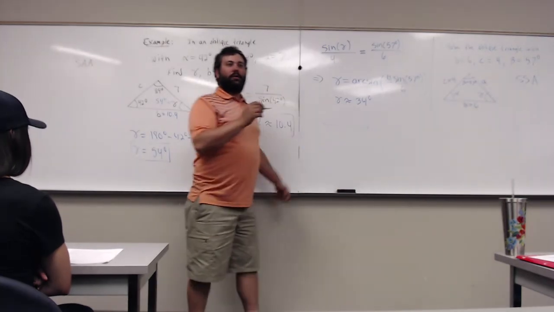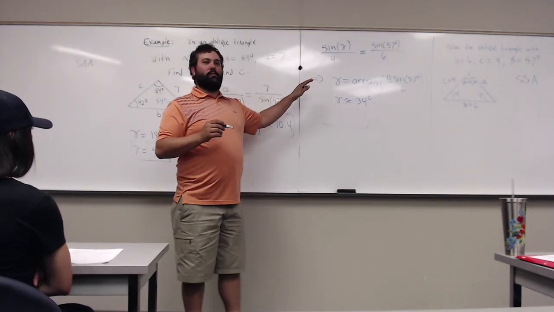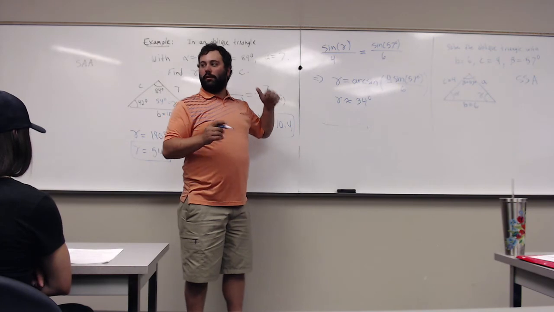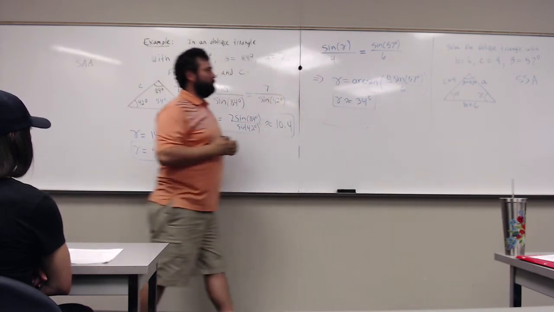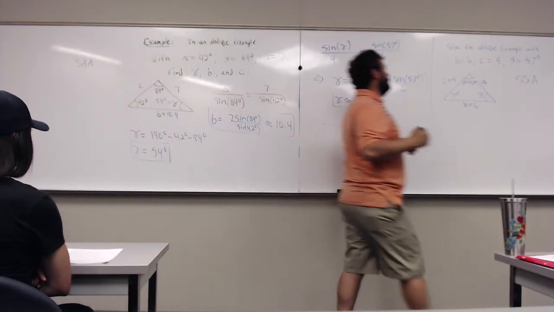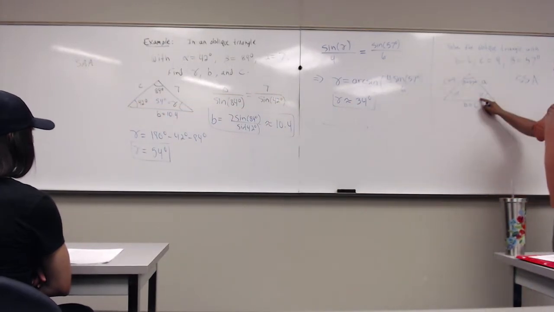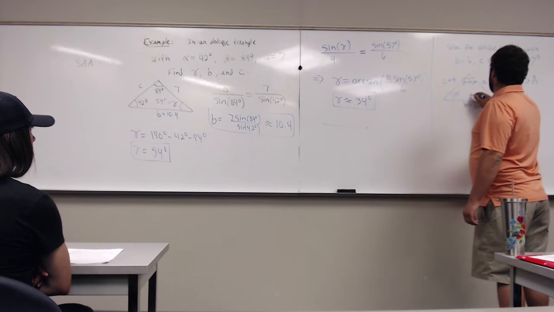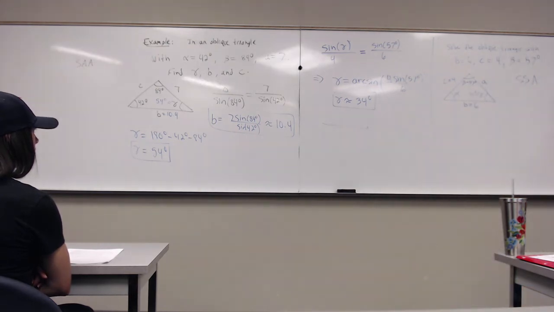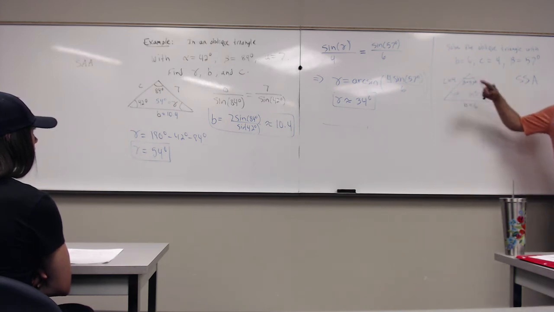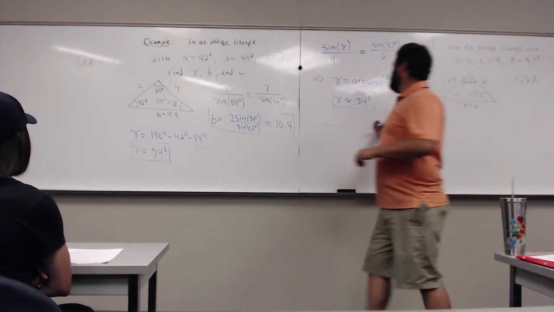Anybody get anything different, or did we get the same thing for the most part? Okay, Chris, you got the same thing? Okay. I double checked that. So now you know the angle gamma. That's approximately 34 degrees. And then what was maybe a next move? 180 minus. Okay, so before you found the side A, you went and found alpha by doing 180 minus the other two.